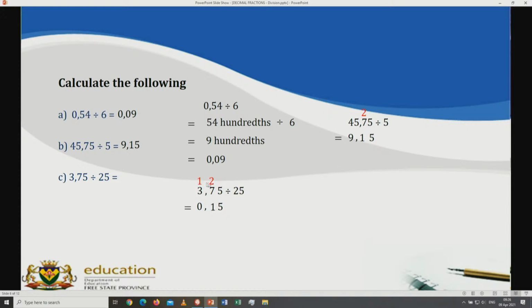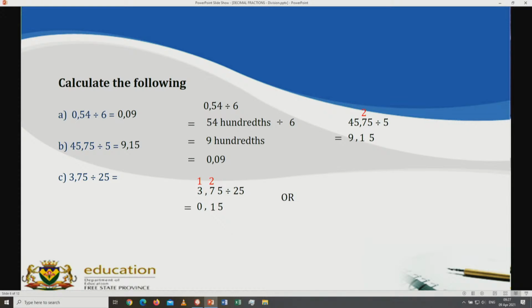Now if you look at this 12 tenths plus this 5 hundredths, they make up 125 hundredths. We call it by the last place value, 125 hundredths. So 125 hundredths divided by 25, it will give us 5. That's why we are having 0,15.